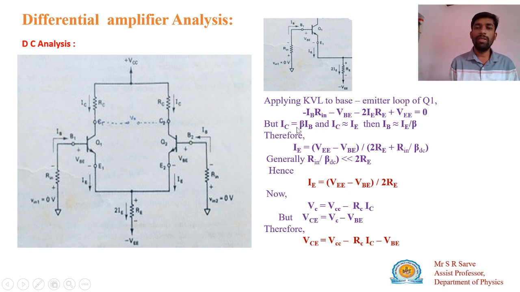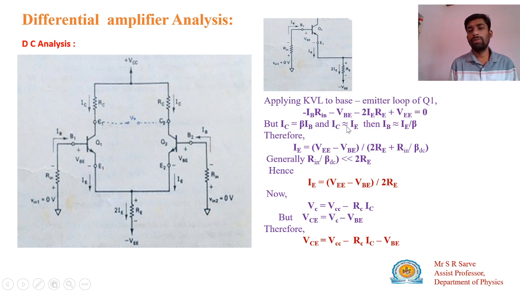But what happens in case of beta? Beta is the current gain. So, what is beta? Beta is the ratio of the current across the collector divided by the current across the base. So we can write this equation as the current across the collector is equal to beta into IB. And we have to assume that this base current is very small.